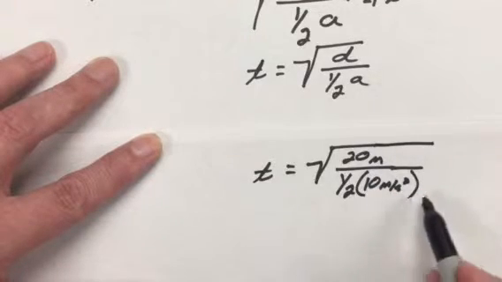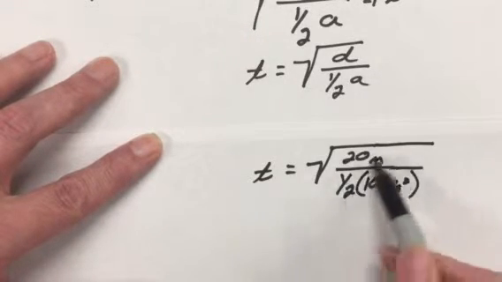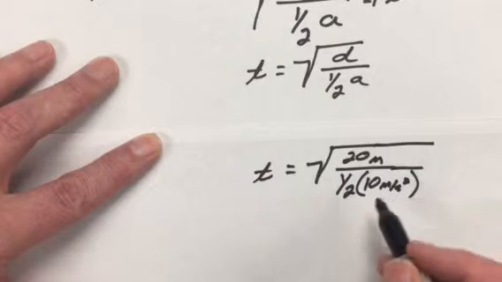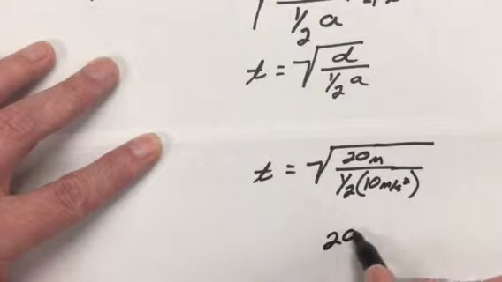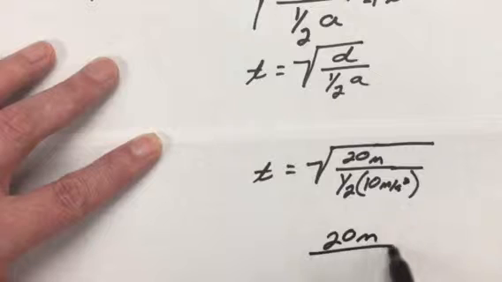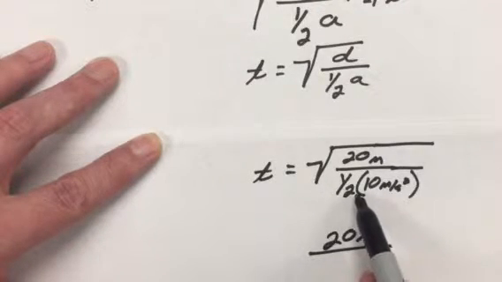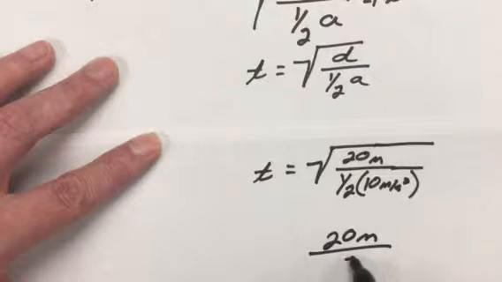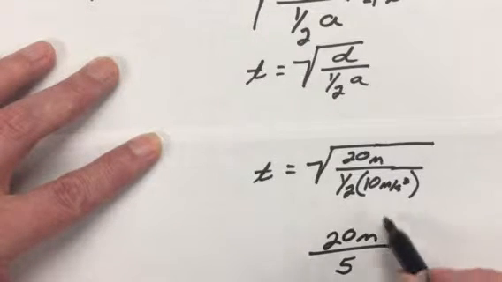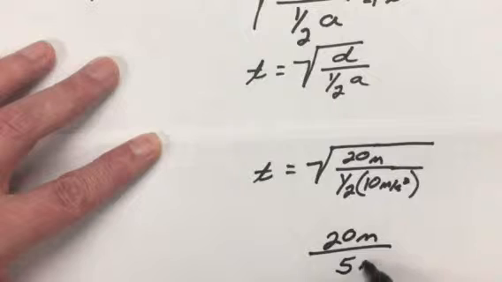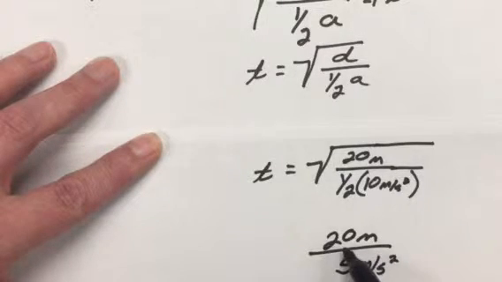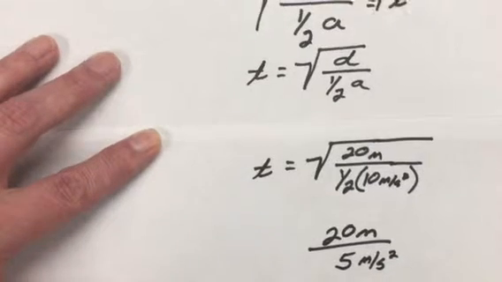All right, so let's take care of this underneath the radical to begin with. That's going to be 20 meters divided by 1/2 times 10, which is 0.5 times 10, so that's going to be 5, in meters per second squared. So 20 divided by 5 is 4.